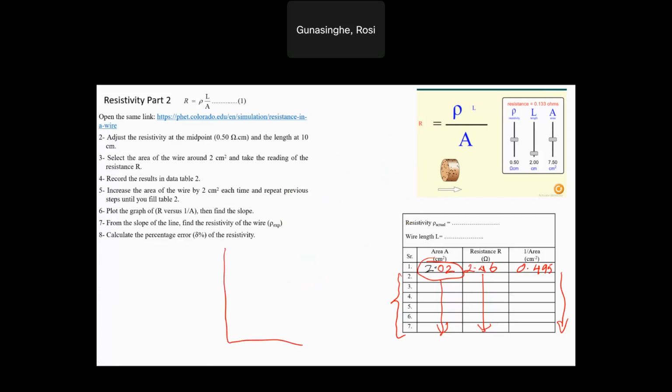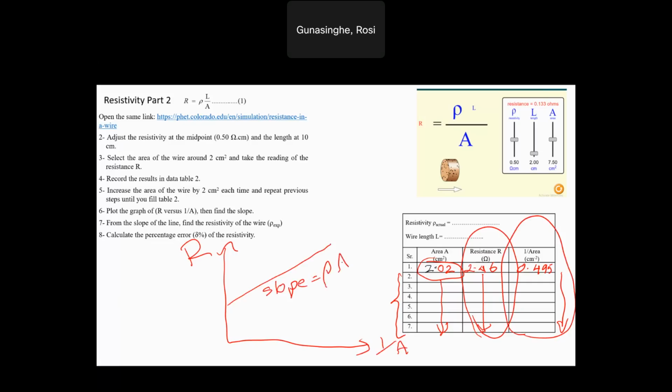So you are going to draw a graph with resistance on the y-axis, this value, and 1 over area on the x-axis, this value. Again, you're going to get a straight line. So the slope of the graph will be equal to resistivity times the length that you mentioned here.